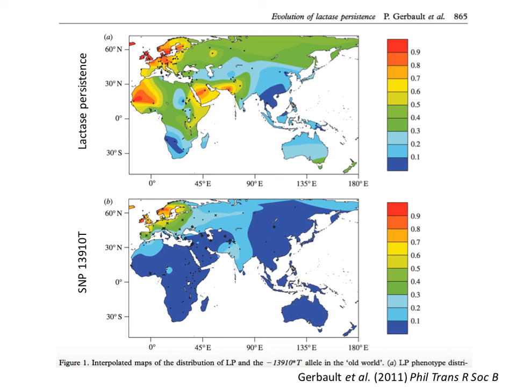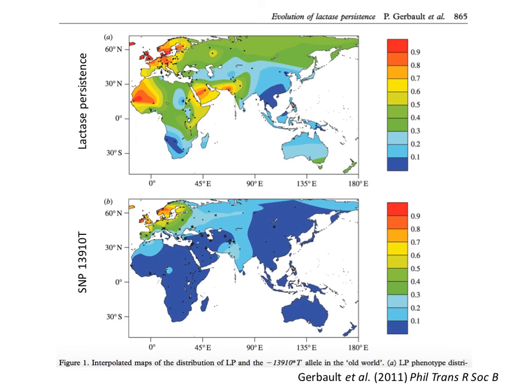On the bottom, you get the correlation when you genotype people from different parts of the world, how many of them have the T allele. We would predict that populations where 90% or more of individuals have the T are lactose tolerant populations.